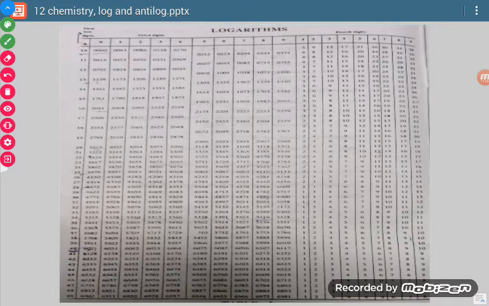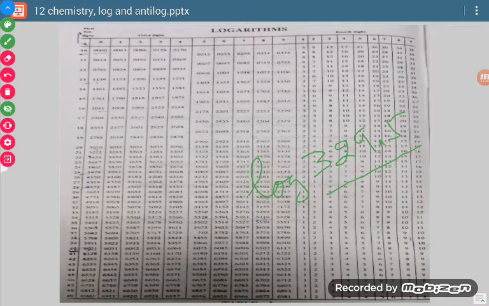Okay, now see, this is one part of log table. Suppose I have to see log of 329.5. I have to see log for this digit. Suppose I have to see for 3295.